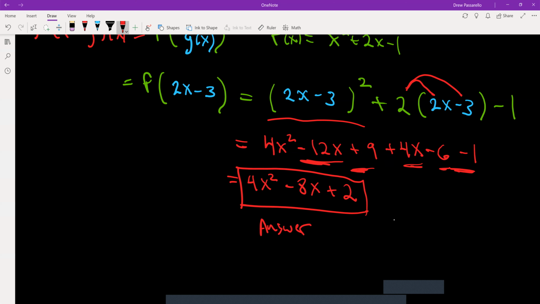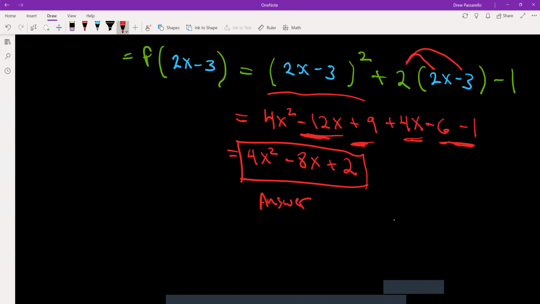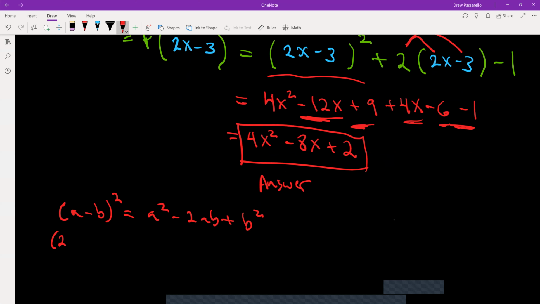And again, for the 2x minus 3 squared, I use the fact that when you do a minus b squared, that turns into a squared minus 2 times ab plus b squared. All right, that's where that came from.